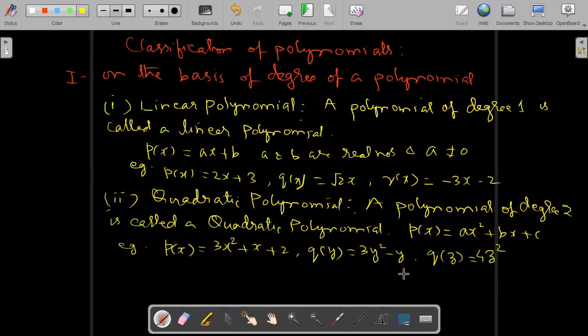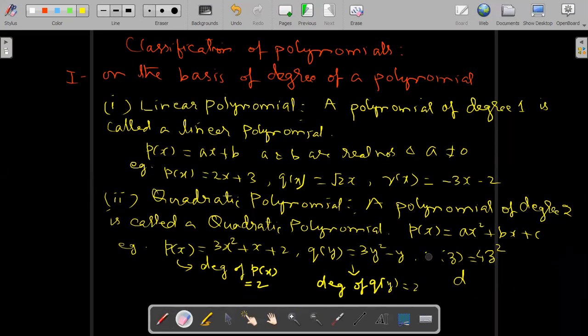But everywhere the degree of px is 2, the degree of qy is also 2, and the degree of rz is also 2.